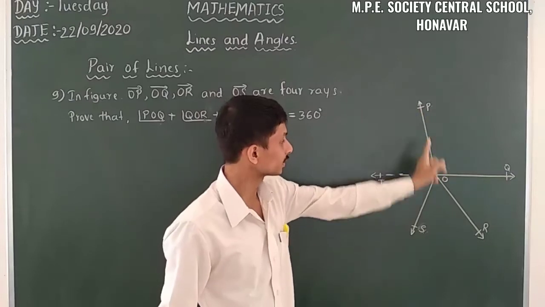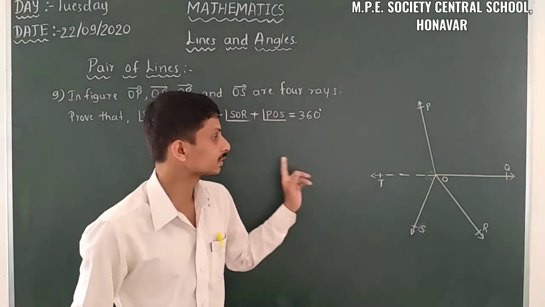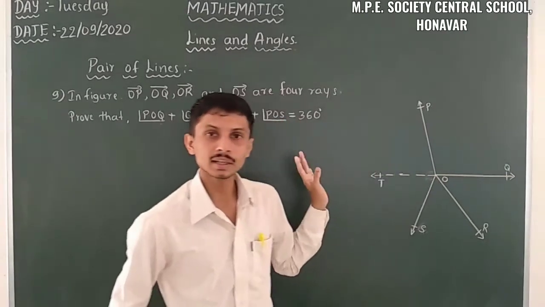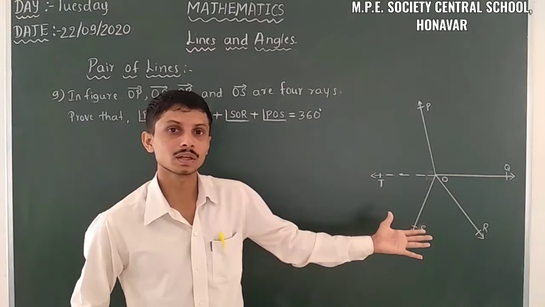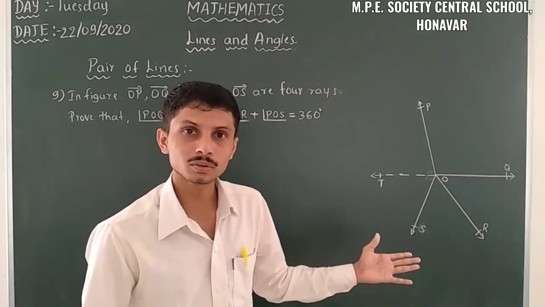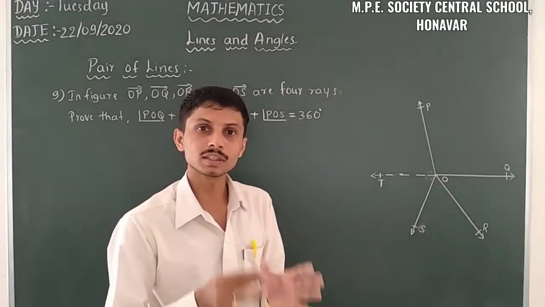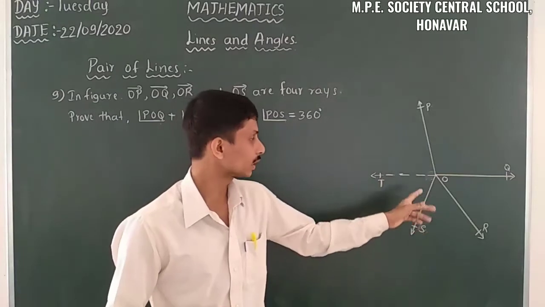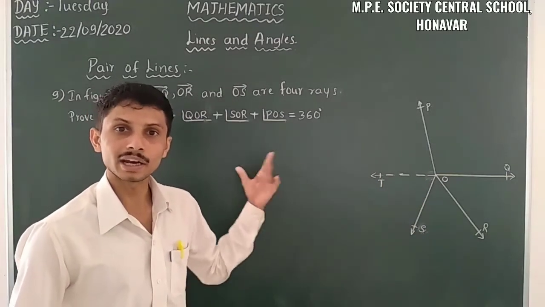Then all the other rays, that is OP, OR and OS, are rays standing on this line QOT. So we have to take the construction like this when we have to use axiom 6.1, axiom 6.2 and theorem 6.1. For the need of that, we have to take some construction.